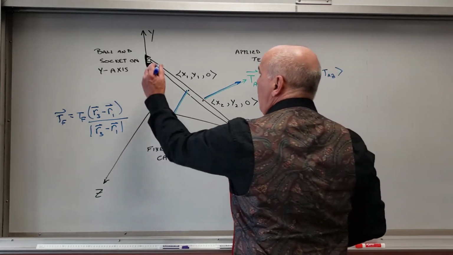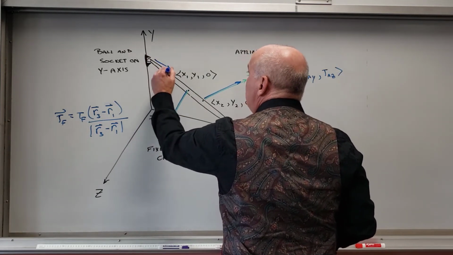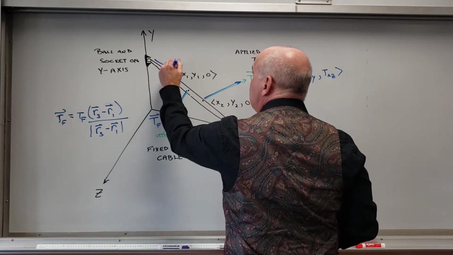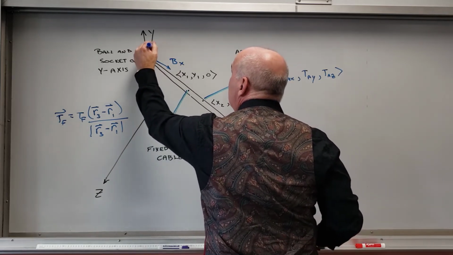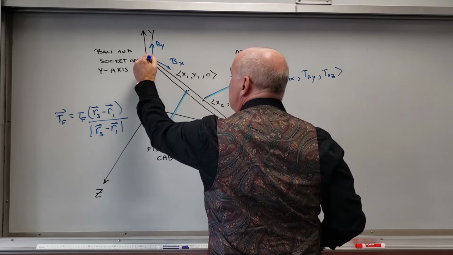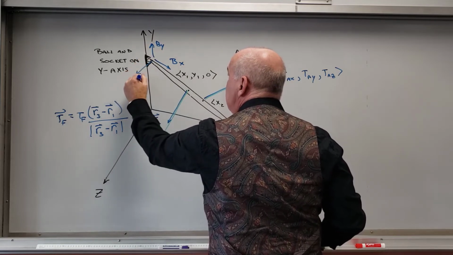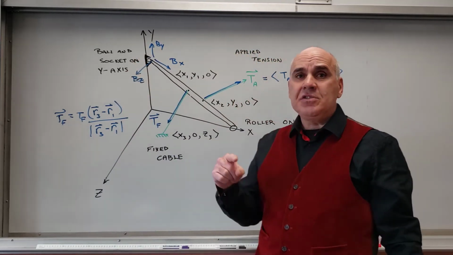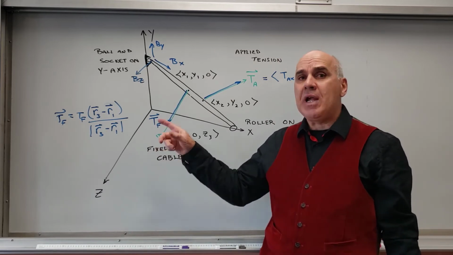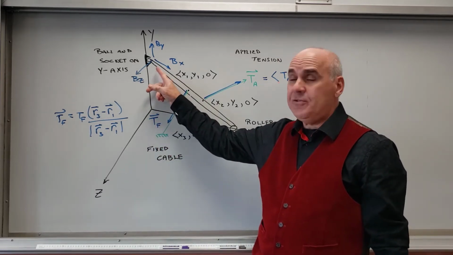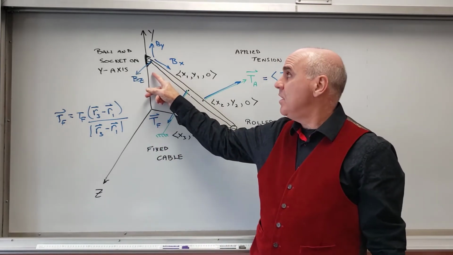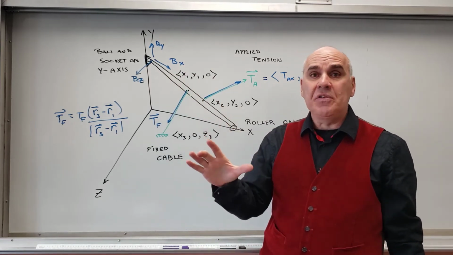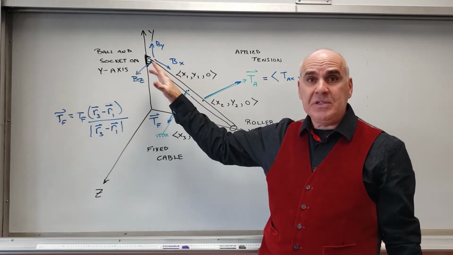At the ball and socket, there's going to be a BX, a BY, and a BZ. So the ball and socket exerts forces in all three directions, but it exerts no moments, so I'm not going to put any moments on this diagram.